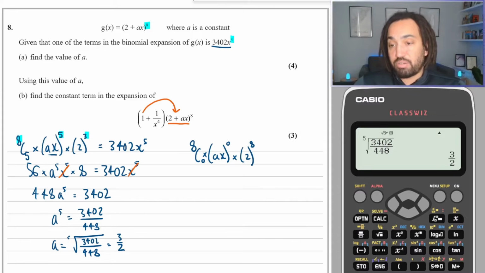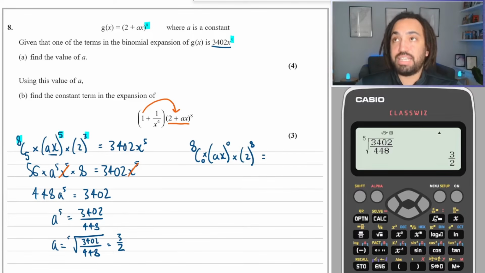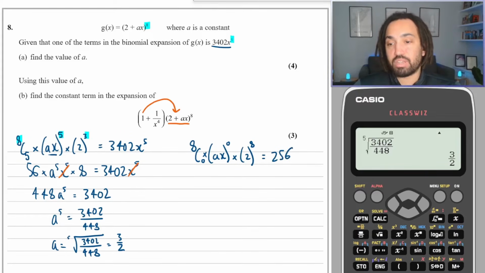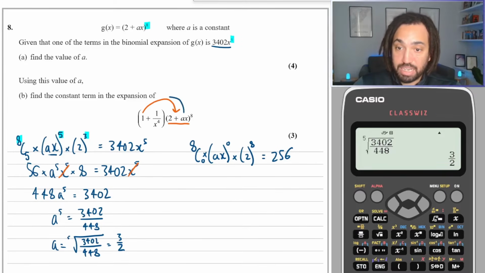Because again, 0 and 8 make 8. Okay. So what will this be? Well, 8C0 is 1, anything to the power 0 is 1, and 2 to the power 8 is, come on, I know this, 256. Okay, and then that 256 will come out of this bracket and it will be times by 1, so that will definitely be one of our final terms.